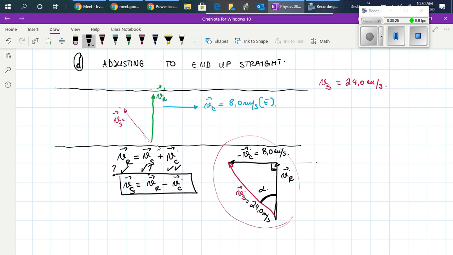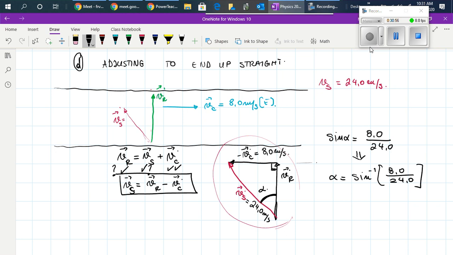Answers on the chat. What is the opposite of this angle and the sine of this angle? So the sine of angle alpha will be 8 over 24, which means that angle alpha itself will be inverse sine of 8 over 24.